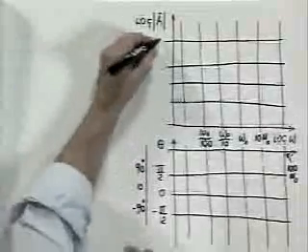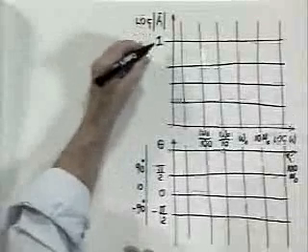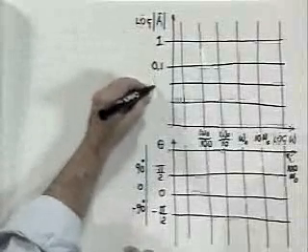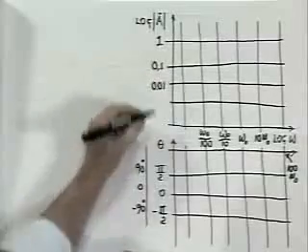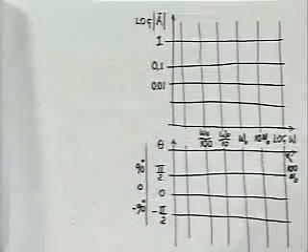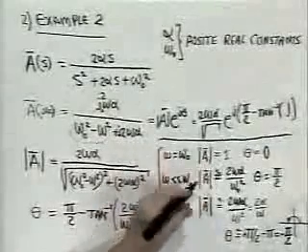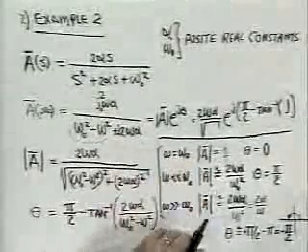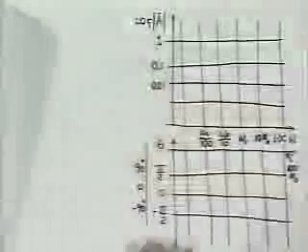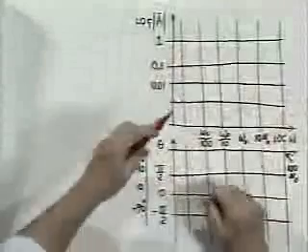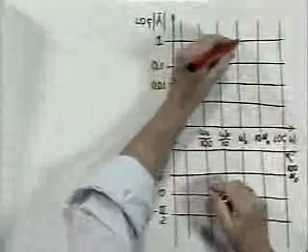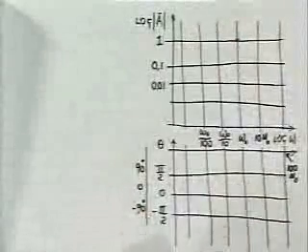And let's say that this is the value 1, this is 1/10, this is 1/100th, and so on. Now we know 1 point. At omega equals omega naught, the magnitude of alpha is not approximately, but exactly 1. So at this frequency, the function is right there. That's that 1 point.